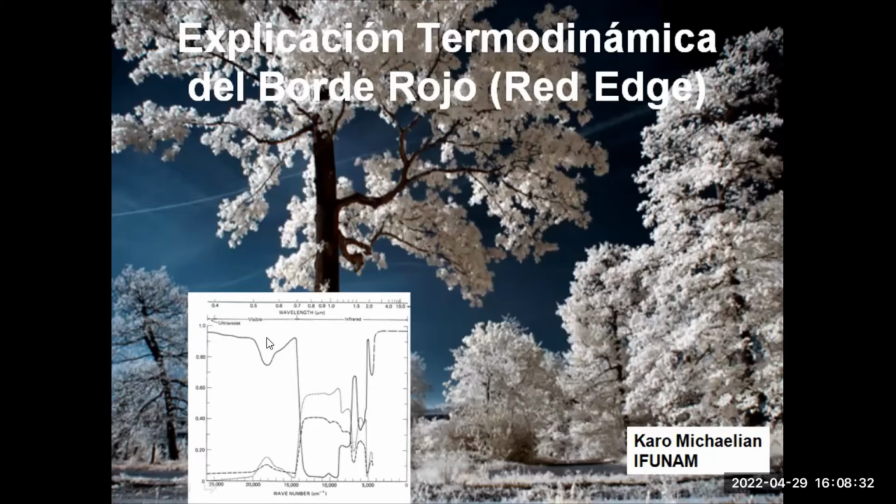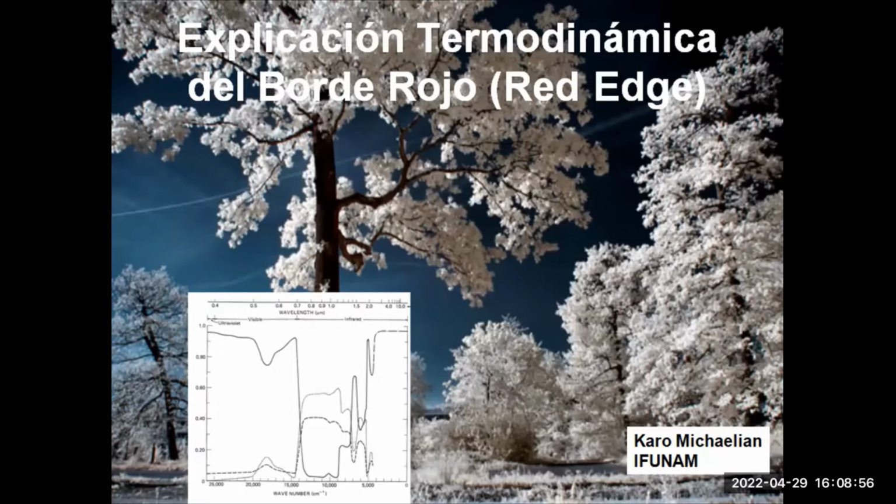And that's why we see when we walk in the forest that the trees and the plants are green. It's also because our eyes are a little bit more sensitive in the green. But the interesting question is, why do we have this red edge? Why does it exist?